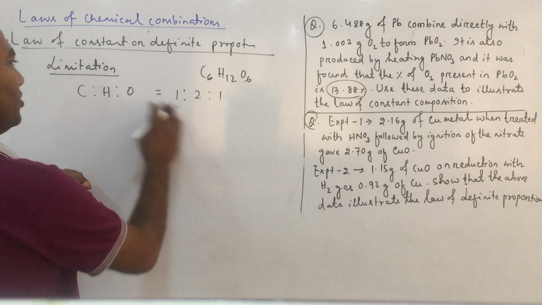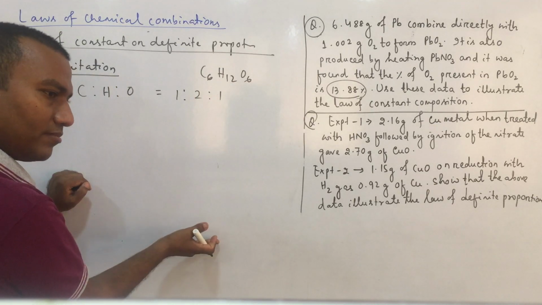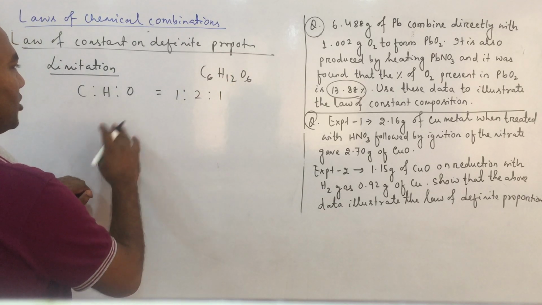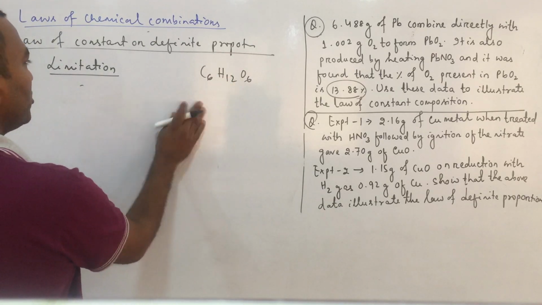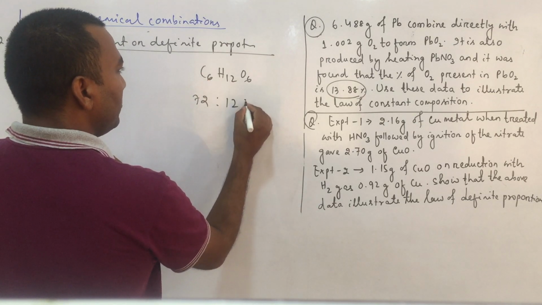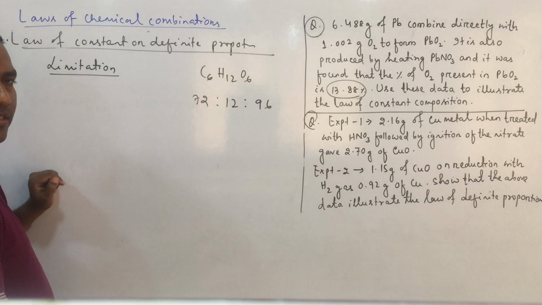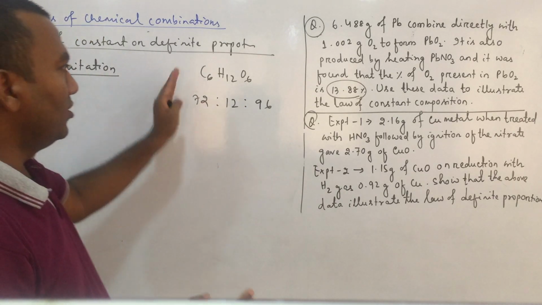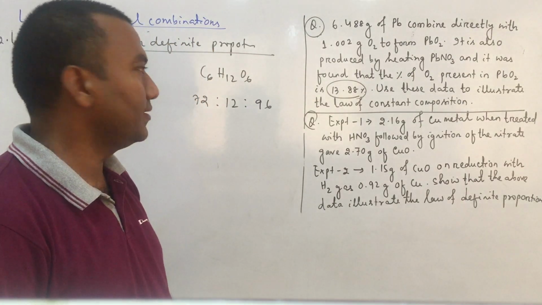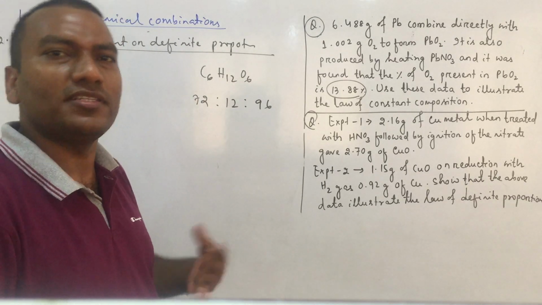So the ratio will be the same, but the compound formation will be different. Suppose in glucose, carbon 72, hydrogen 12, oxygen 96. When their ratio is the same, the compound formation can be different. Glucose has the same ratio, ethyl alcohol also the same ratio.